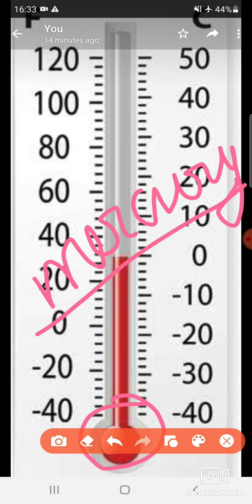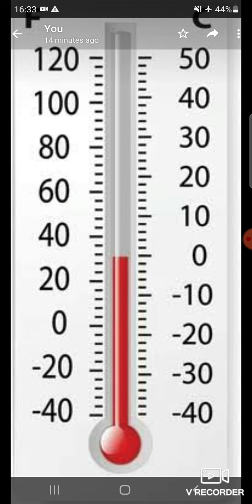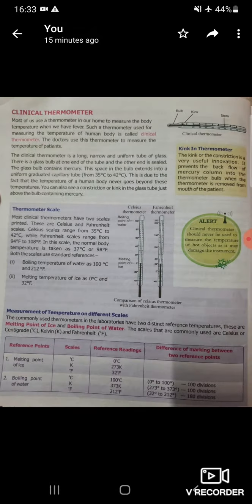I will later discuss the concept of mercury, how it works inside the capillary tube. This is the capillary tube. It is very thin, filled with mercury, and that mercury tells us about the temperature of a body, right? So let's get started.